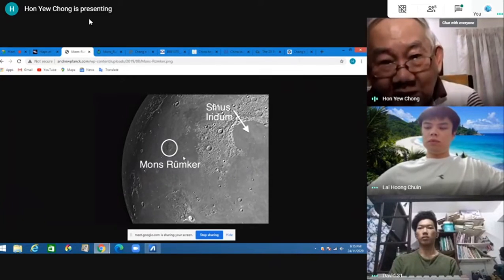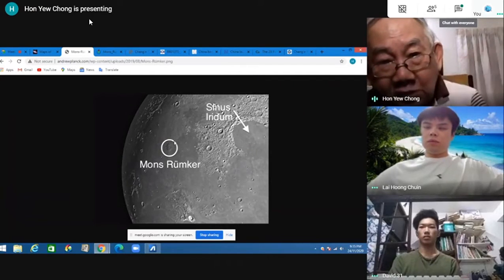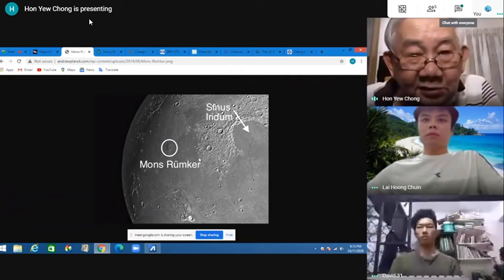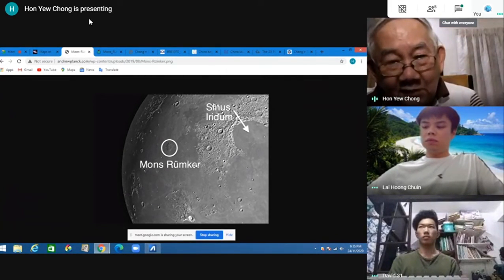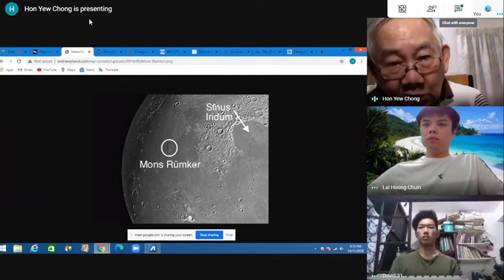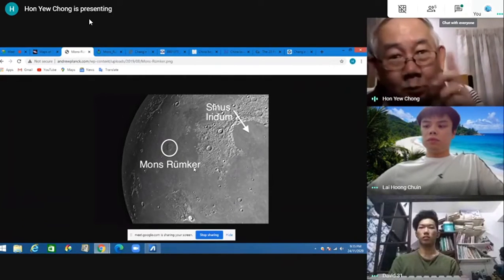So we have 14 days to explore the moon, because at the moon night, another 14 days later, the temperature will drop to minus 130 degrees Celsius, very cold. And on this Chang'e 5 lander, there's no heater, no radioisotope thermoelectric heater. So that's why they have to finish the thing in one lunar day, all right?